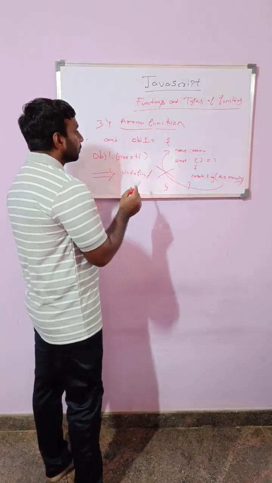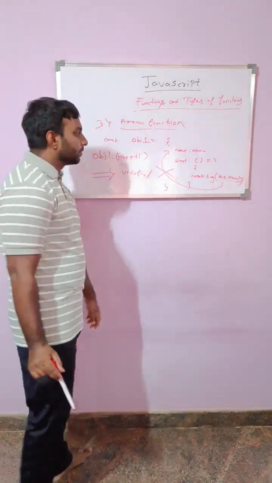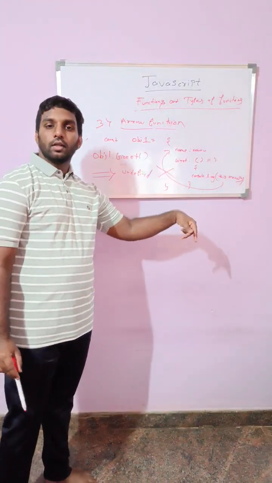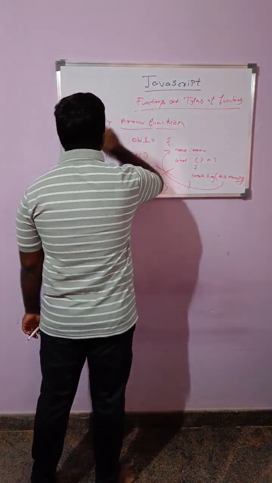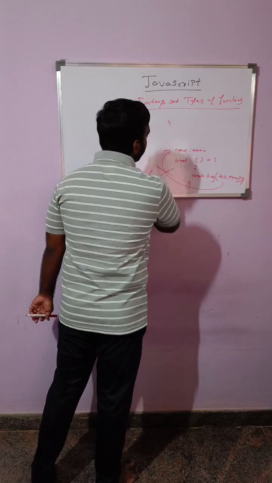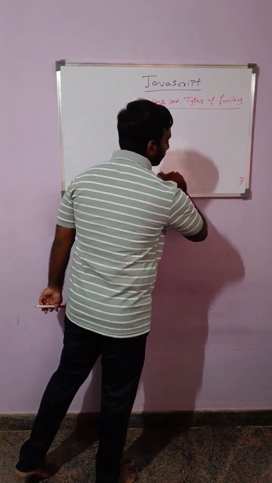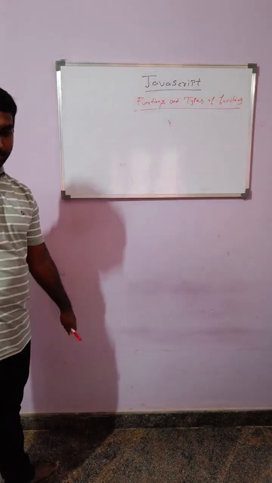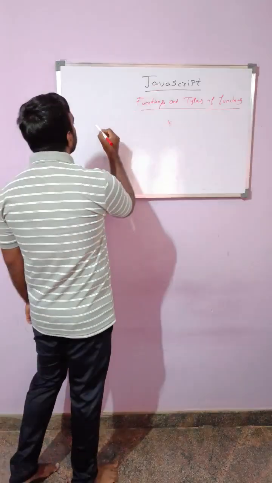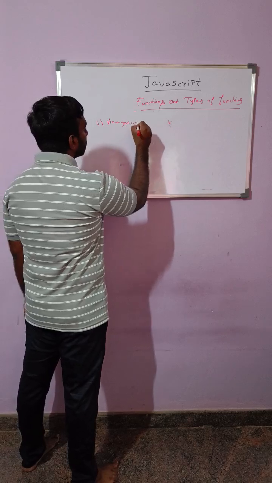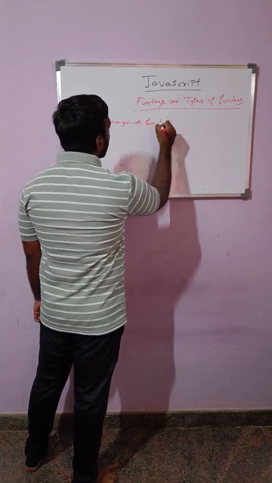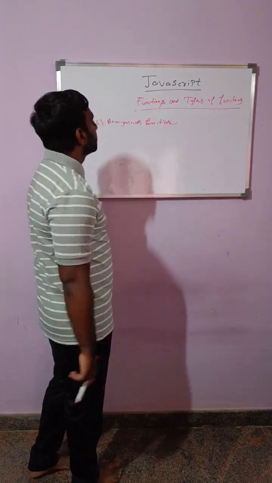This is the major difference between the regular function and the arrow function. Coming to the last type of function, we saw three major types, and one more function is there, that is the anonymous function.